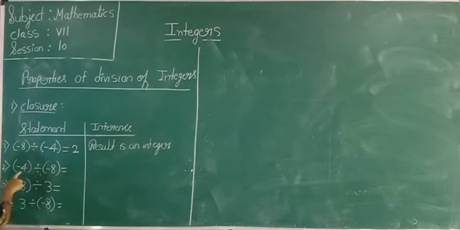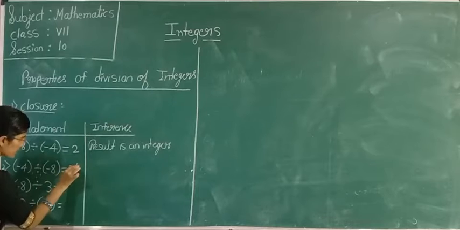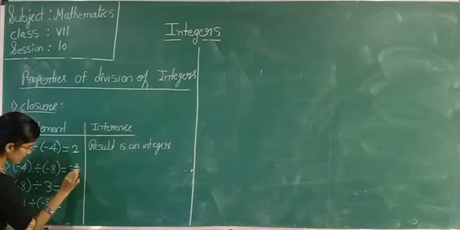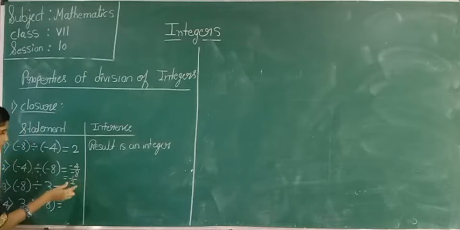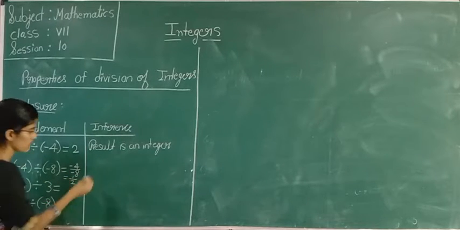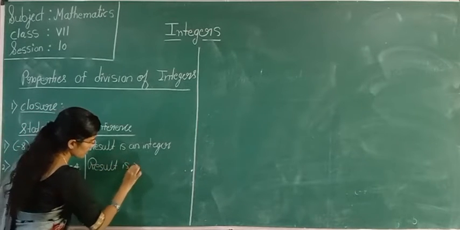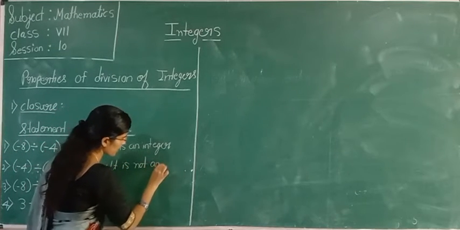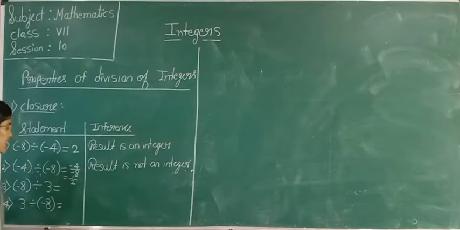Now see, minus 4 divided by minus 8 is nothing but 1 by 2. Is 1 by 2 an integer? No. Result is not an integer.